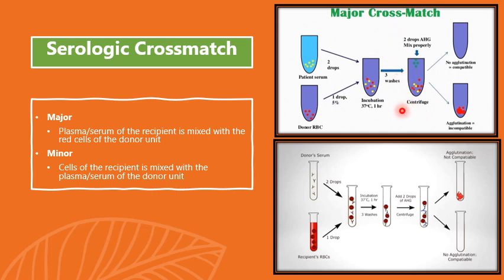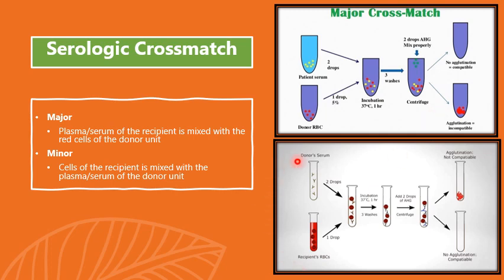After washing, AHG is added and then centrifuge the test tube. So if there is no agglutination, the cross-matching result is compatible. But if there is agglutination, it is incompatible or not compatible.